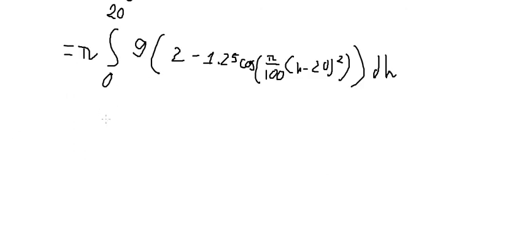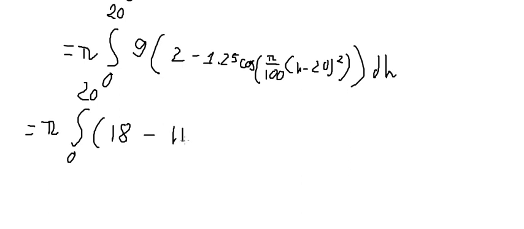Now we need to find this one. 9 multiplied by 2, you get 18. 9 multiplied by this one, we have 11.25 cosine of b over 100.